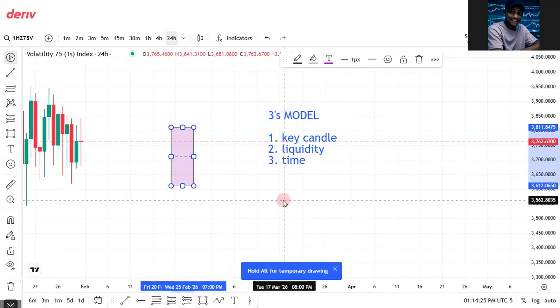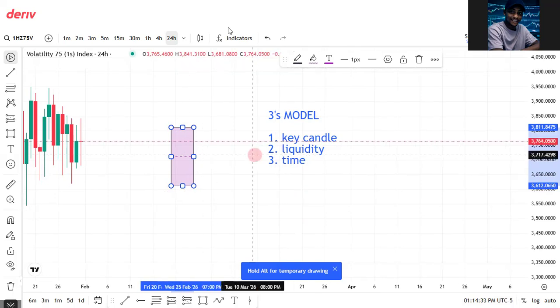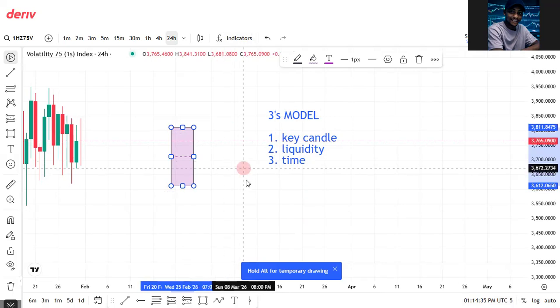For volatility, it varies, but it is very predictable, right? And the time we're going to focus on here is for volatilities; I'm not talking about Boom. Boom has its own times, and so do other synthetic pairs or assets.